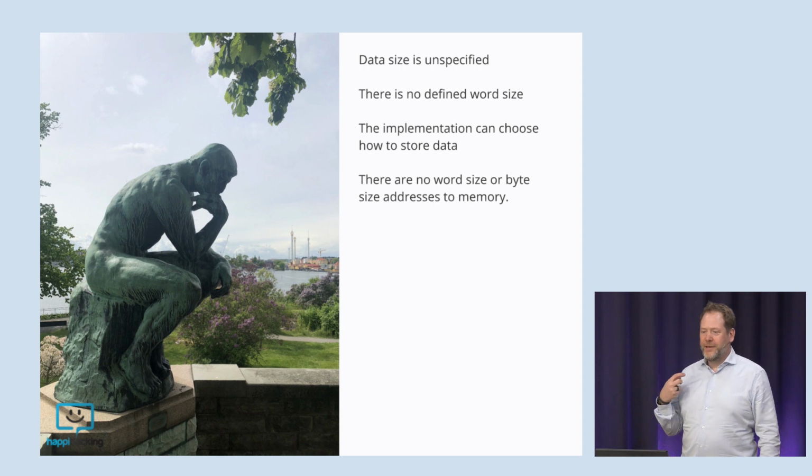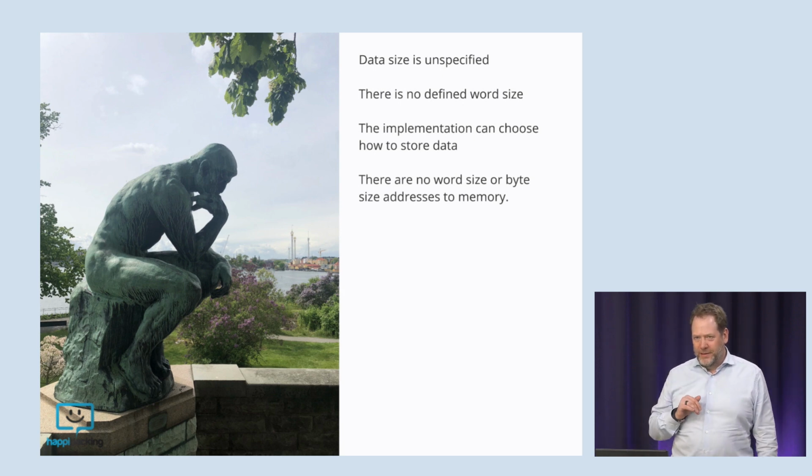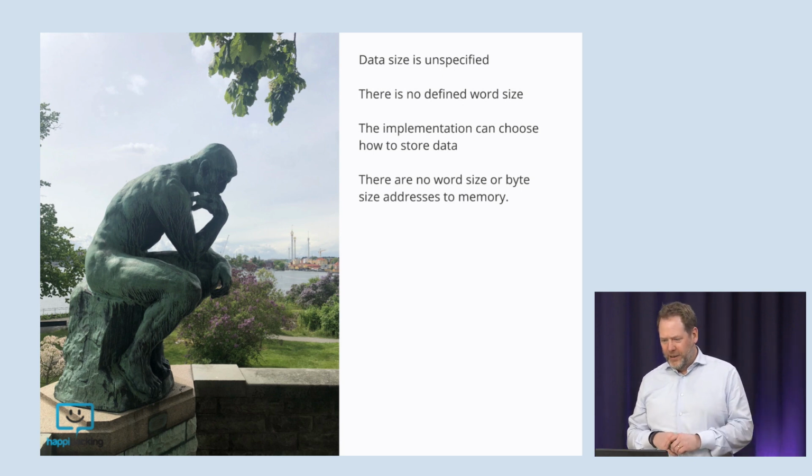The size of data is unspecified, so it's not like there's a 256-bit integer or anything like that. There's no word size, and the implementation can choose how to store the data. It's very well defined how you serialize the data, but what you do during runtime, we don't care about.